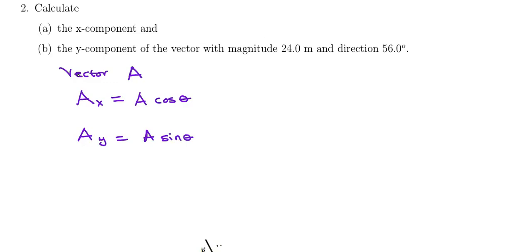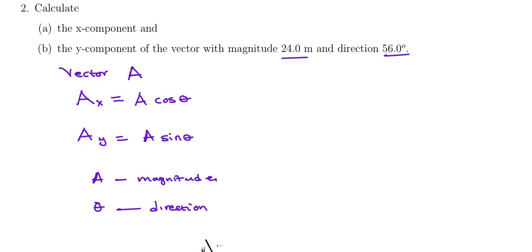This A represents the magnitude, which in this case is 24 meters. Then theta represents the direction, and in this case I've been given 56.